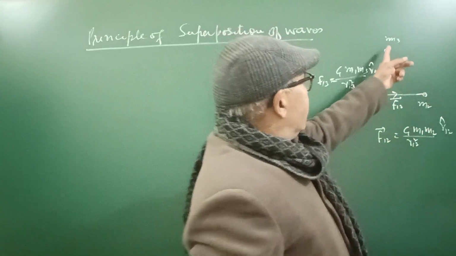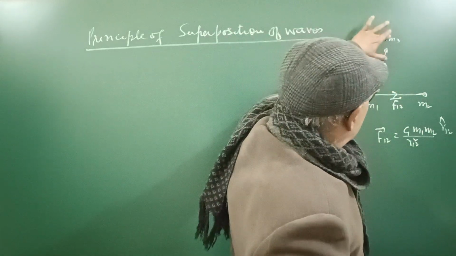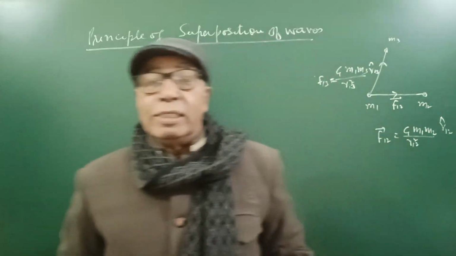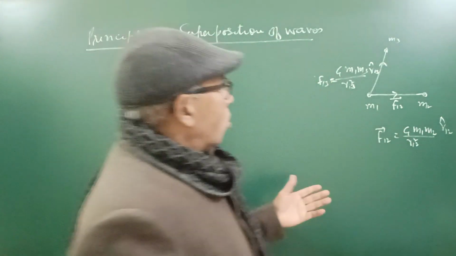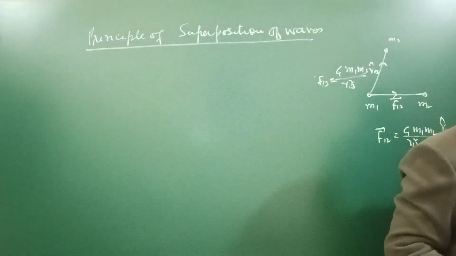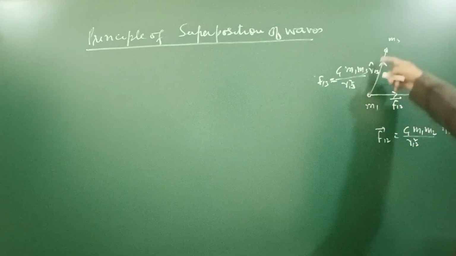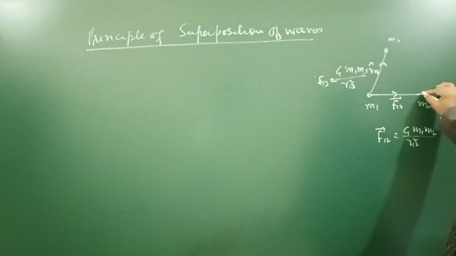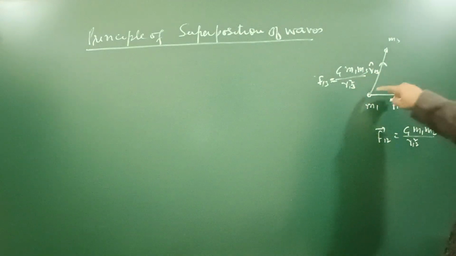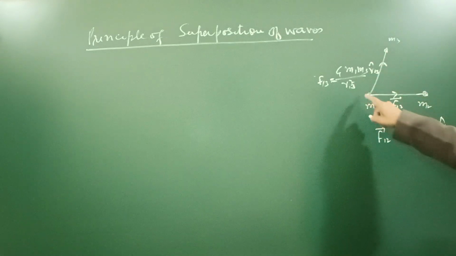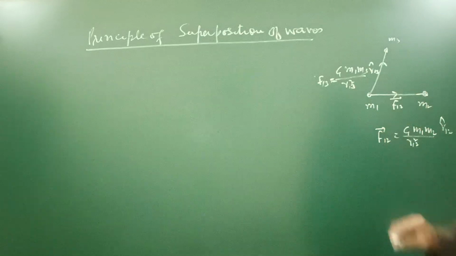So by placing mass M3 here, the force between M1 M2 does not change. Or you can say other way also, if we place first M1 M3, then force between the two is this, then presence of M2 does not affect the force on mass M1 due to M3.